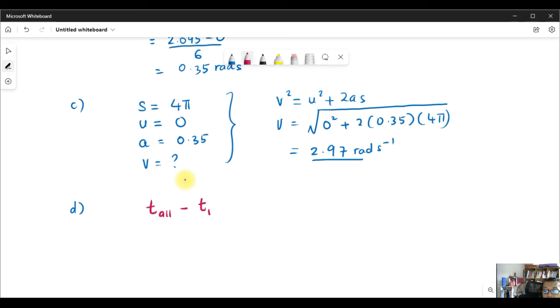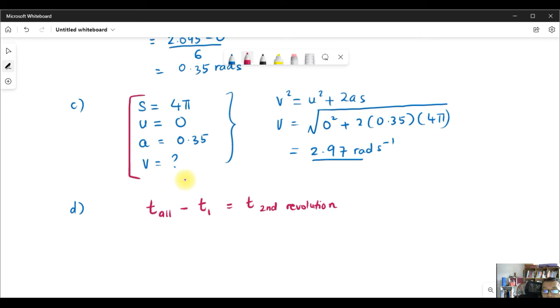That will give you the time taken for the second revolution.